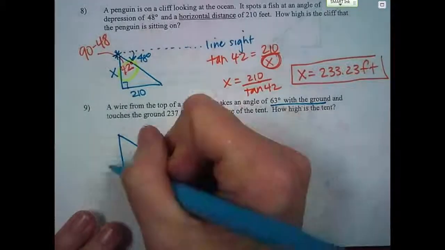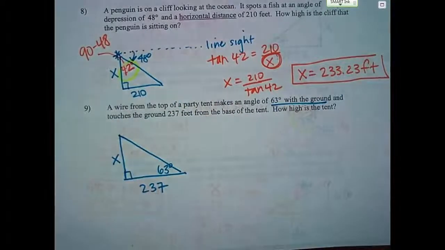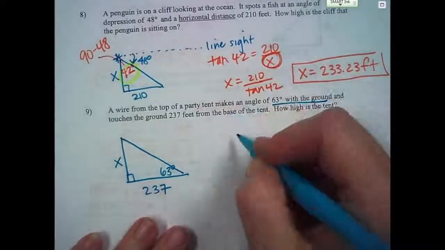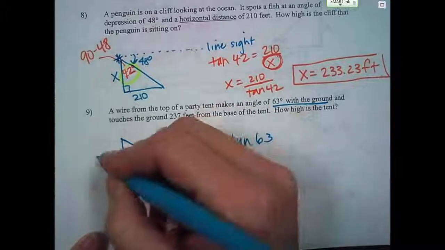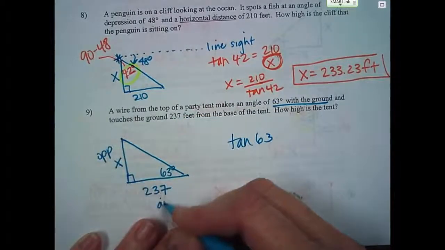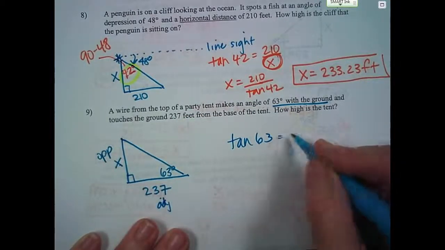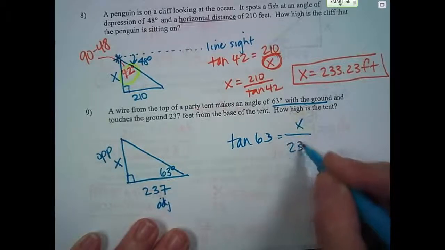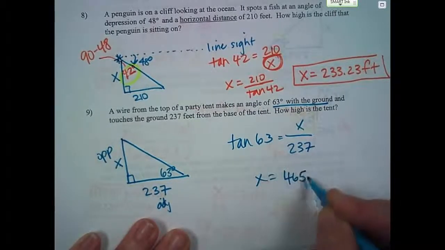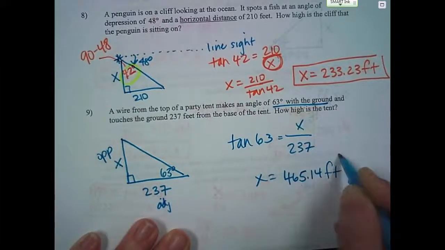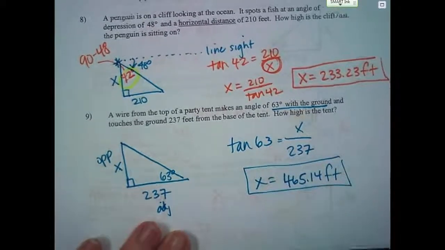How tall is the tent? Opposite over adjacent's tangent. So tangent of 63 is again the opposite and the adjacent of that angle. Multiply them together. See what I'm saying?